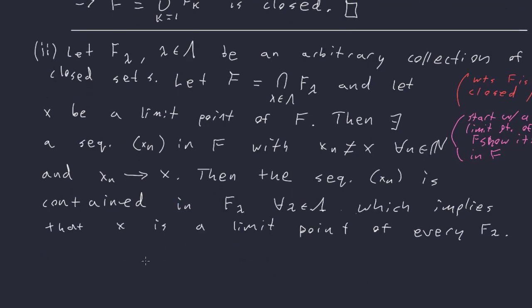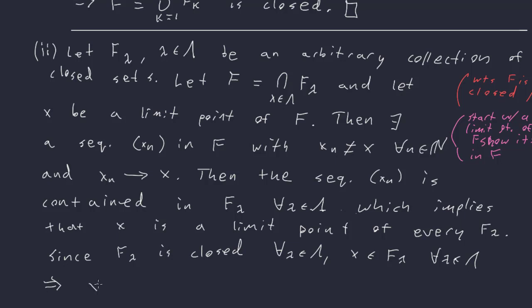And since F sub lambda is closed for all lambda in capital lambda, x is in F sub lambda for all little lambda in big lambda, implying that x is in the arbitrary intersection of the F lambdas, which is capital F, which is what we wanted.